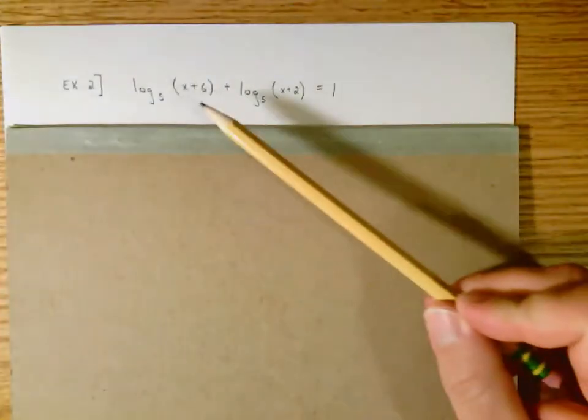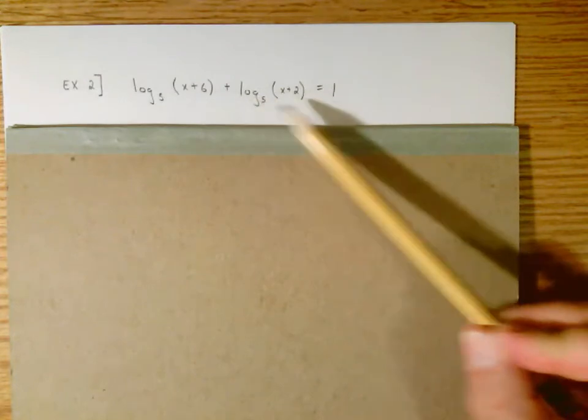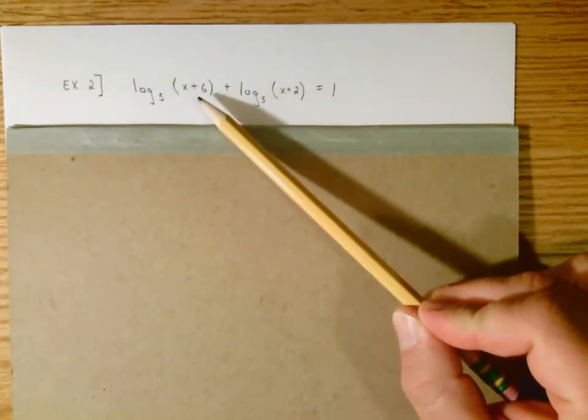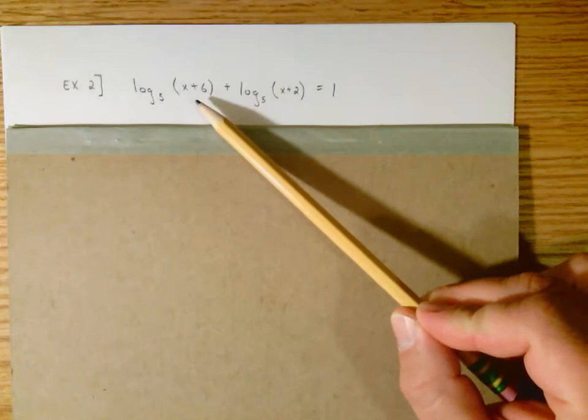Log base 5 of the quantity x plus 6 plus log base 5 of the quantity x plus 2 is equal to 1. Remember, the first thing I'm going to do is consider the domain of my x values, my variable. There are 2 arguments to consider here. The quantity x plus 6 is only positive if x is greater than negative 6.